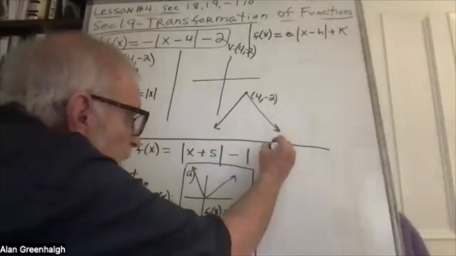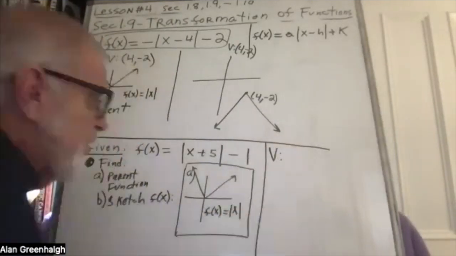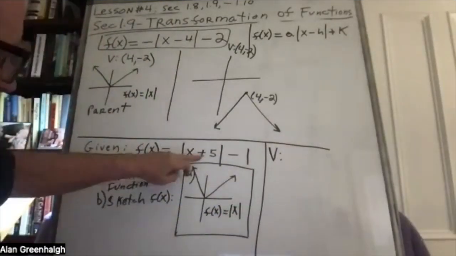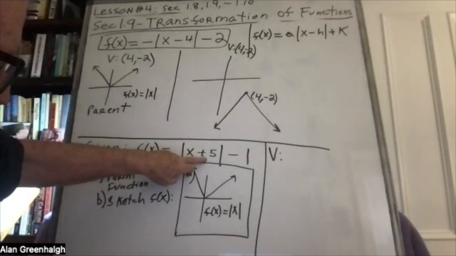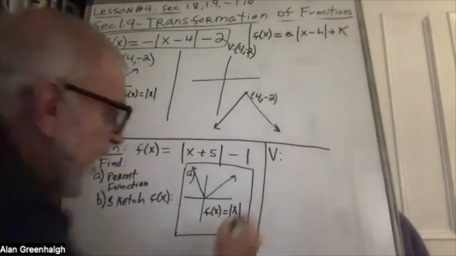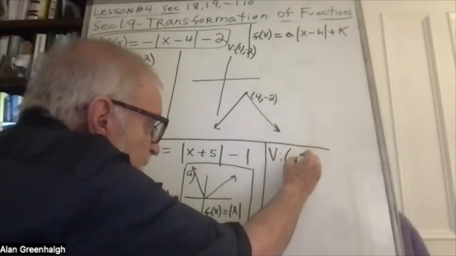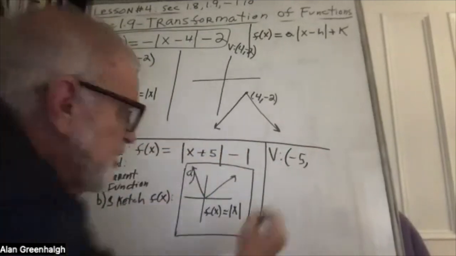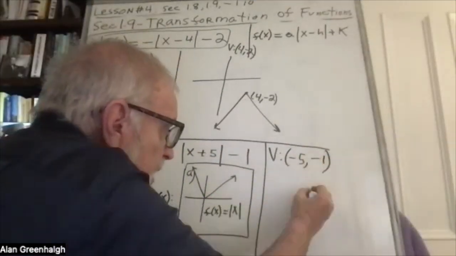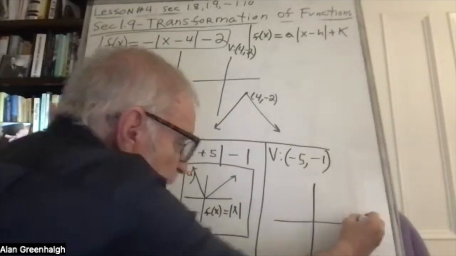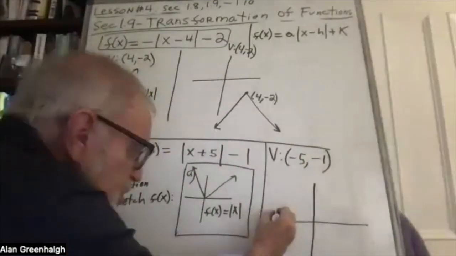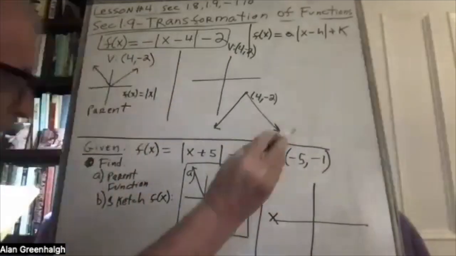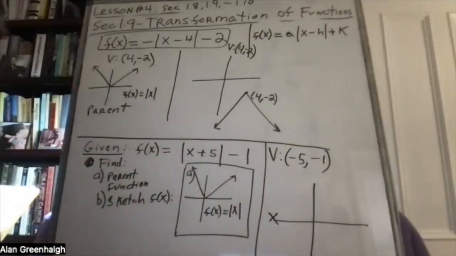So first of all, the starting point, which I'm calling the vertex, will be, now remember, it's the opposite sign. So if this is +5, that will be -5, and that's h, and k is going to be -1. So we draw a graph, just a sketch, very plain and very crude, without any other indications.